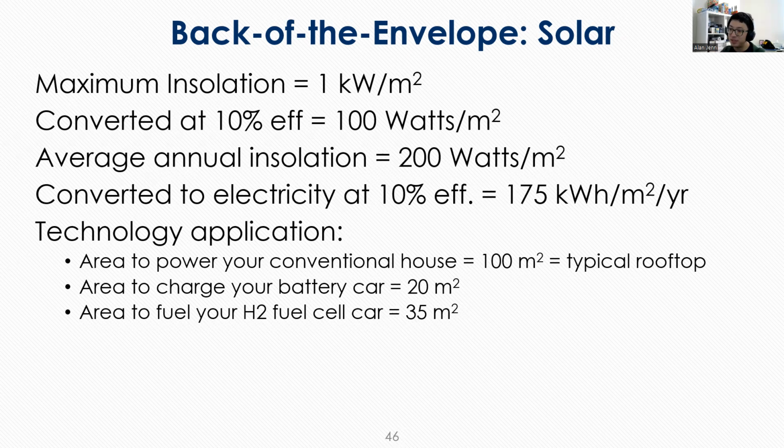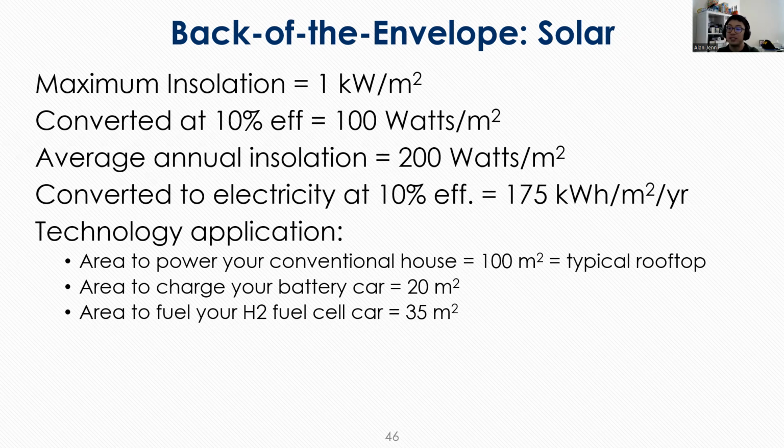Okay, we can do a similar type of back of the envelope calculation for solar. Insolation is essentially the power density of the solar flux: 1,000 watts, as I was saying, or 1 kilowatt maximum. If we took that number and saw how much energy we could get out of it, we convert at a 10% efficiency.